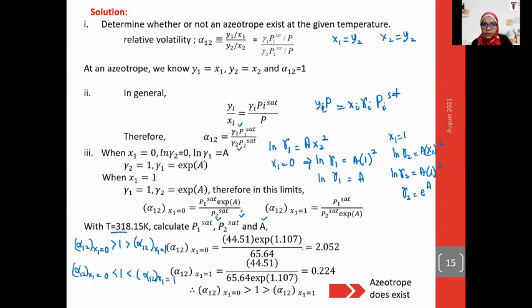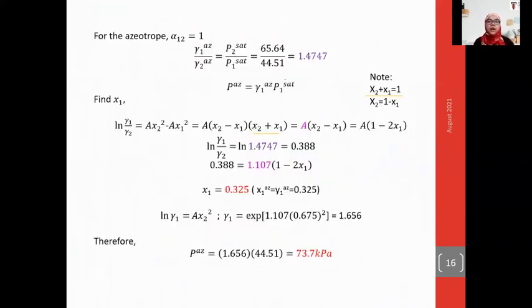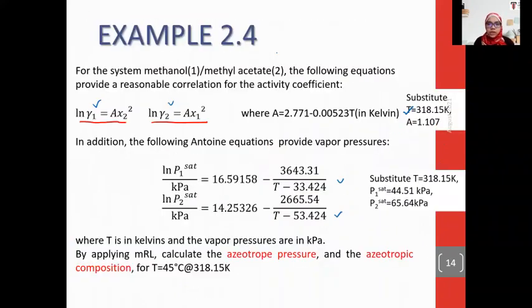So we have the value 2.052 higher than 1, and higher than 0.224. So the azeotrope does exist in this system. This is our conclusion.